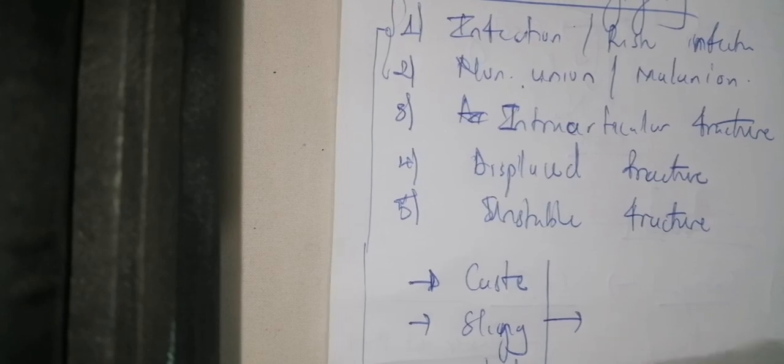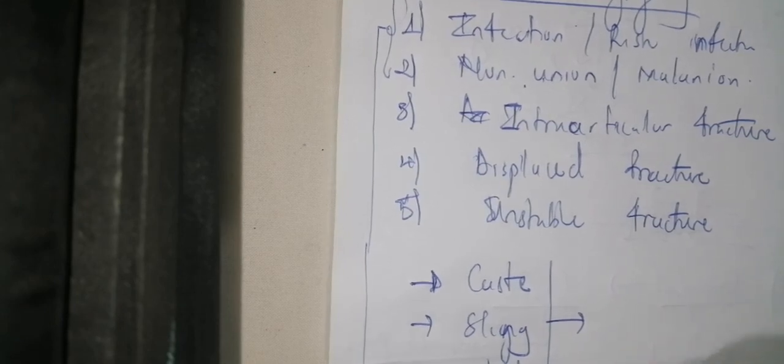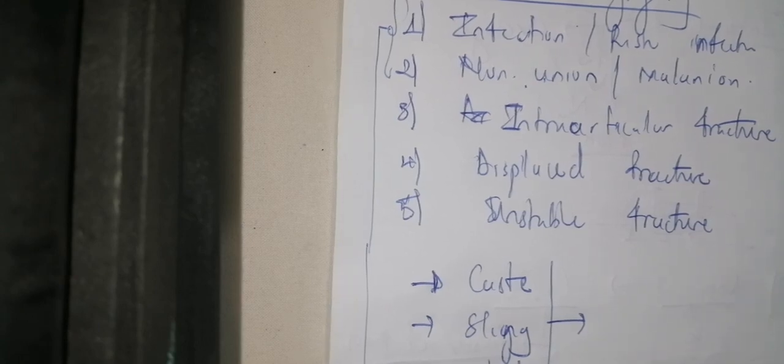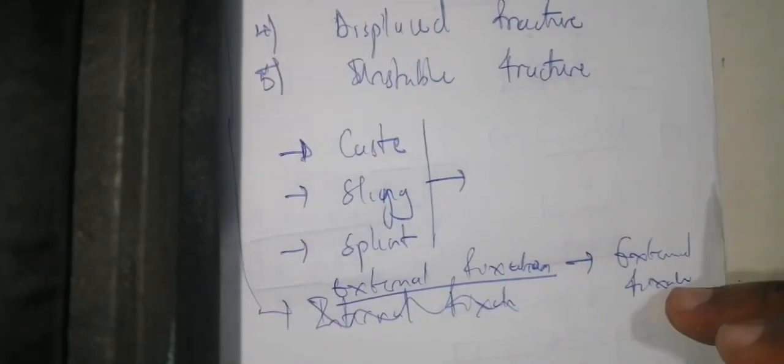Is it clear? You use an external fixator. External fixation is different from external restriction. External restriction is just a method of restricting externally, but fixation is by use of external fixators.